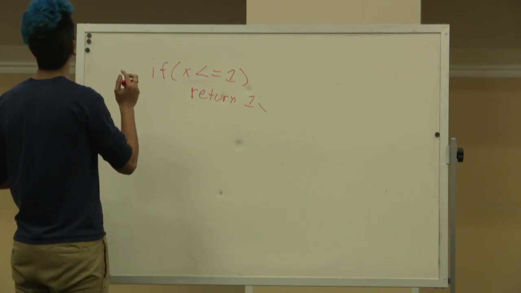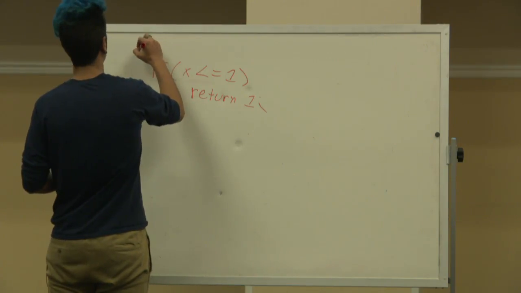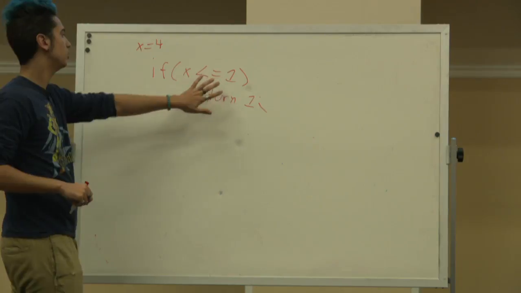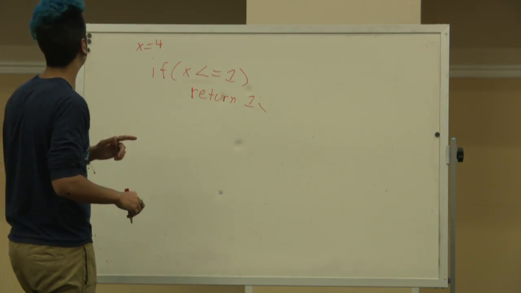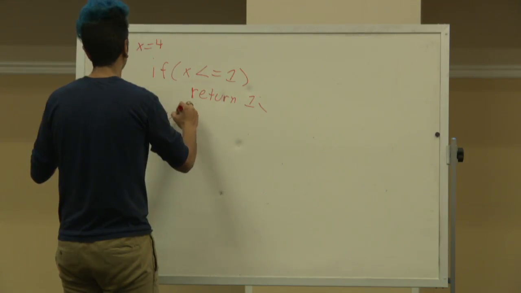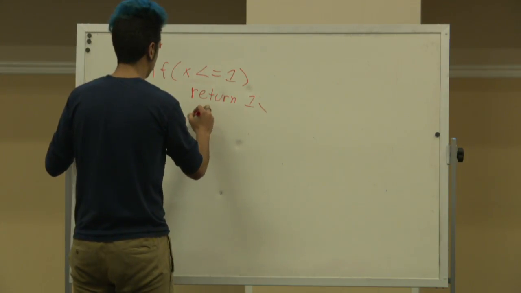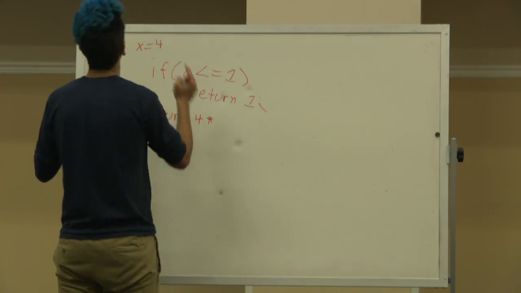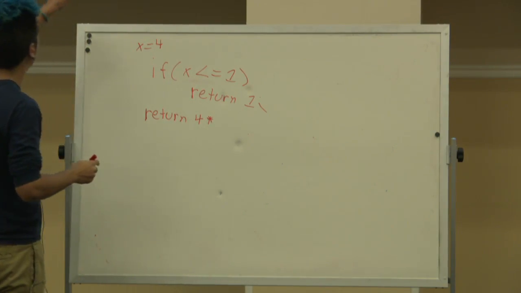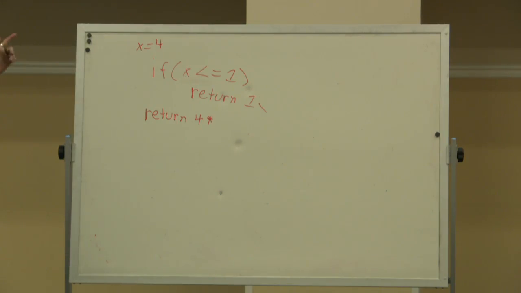So in this instance, we're passing in 4. So x equals 4. X is not less than or equal to 1, so we say return 4 times, and then we call that function again. But this time, do you guys see that we pass in a 3?